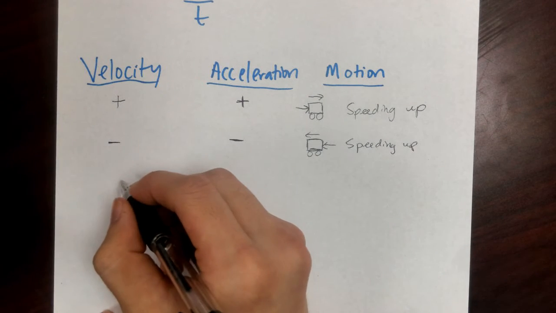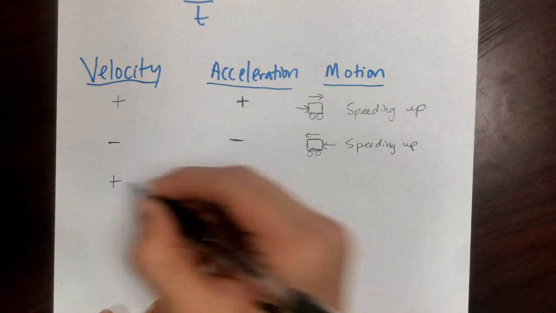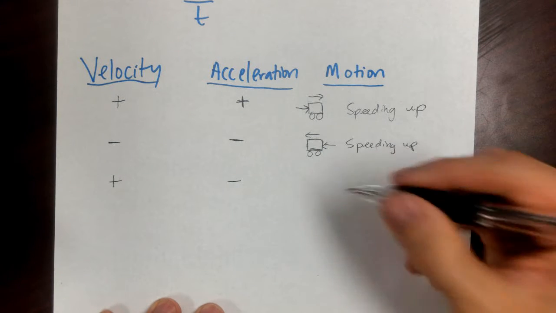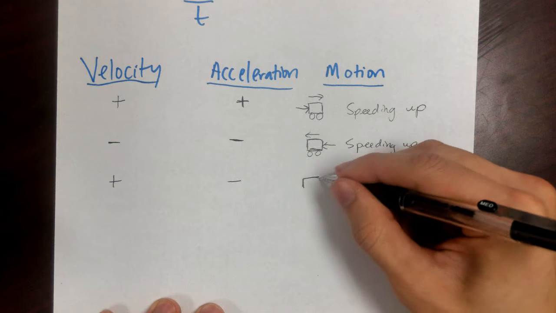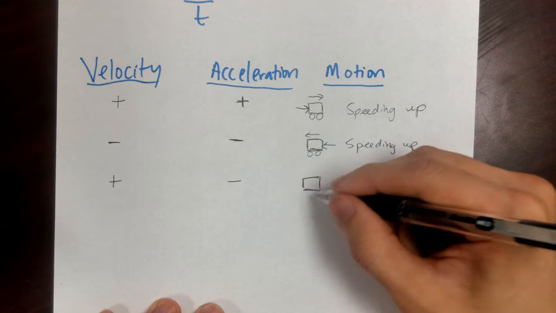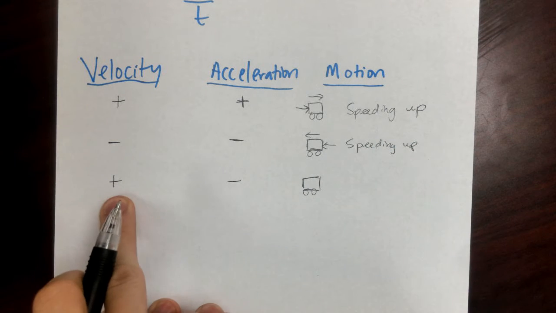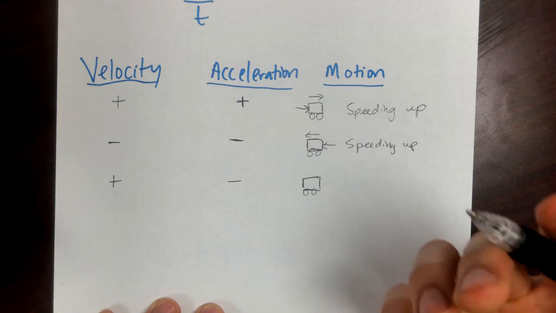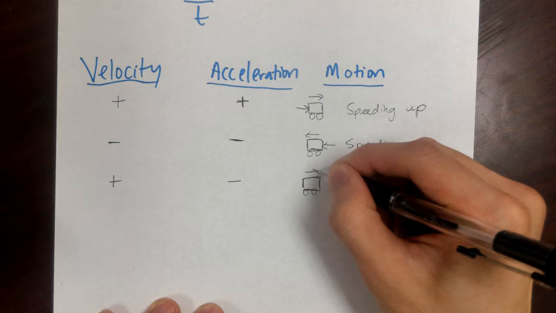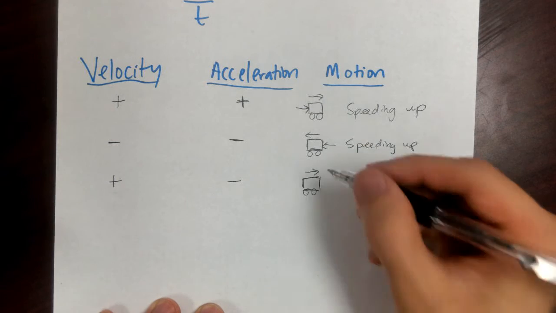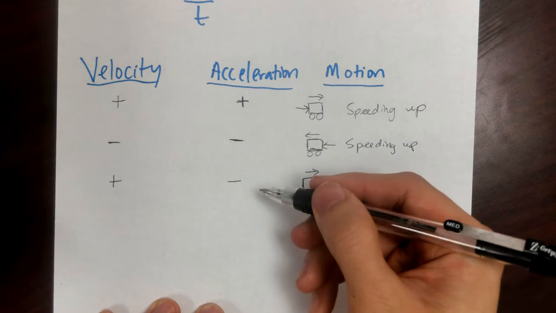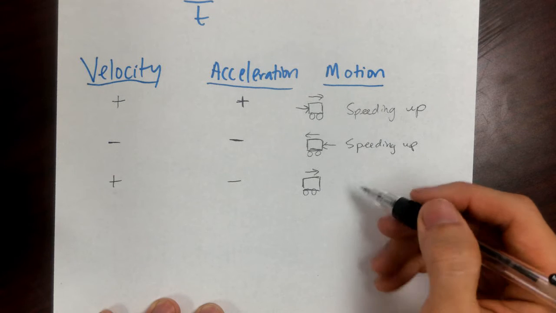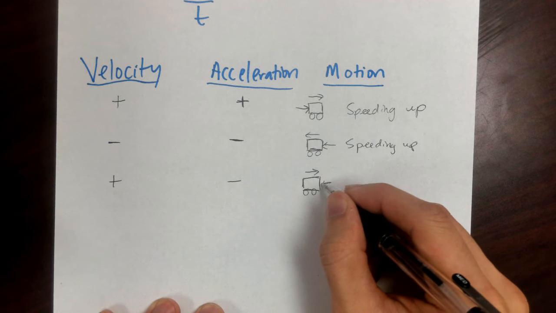Next, what if I did positive and negative? Here's my car. Where's it going initially, to the right or left? To the right, exactly. But acceleration is negative, so that means someone's pushing it to the left.